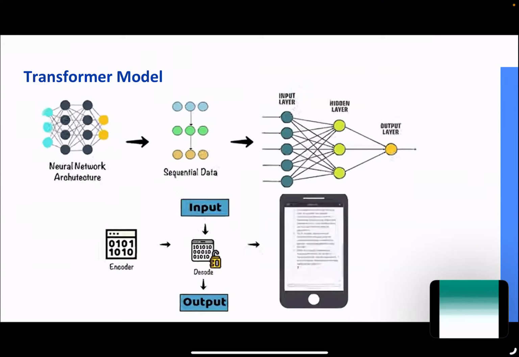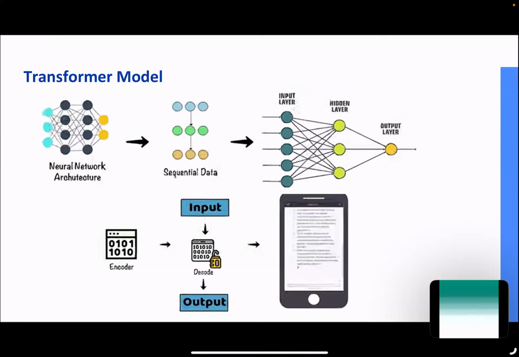Specifically talking about ChatGPT, when a user enters any prompt, it will go through different natural language processing steps. Then it will be passed to a transformer model, and the transformer model will perform encoding.